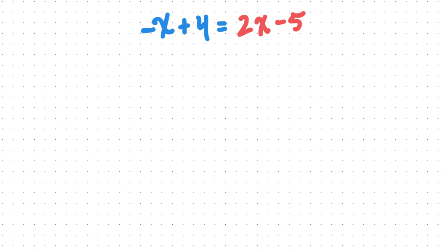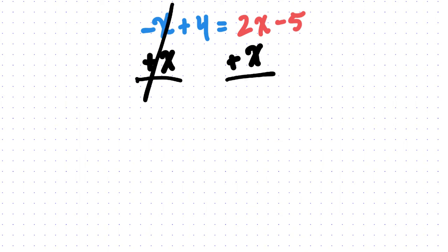Now, what I'm going to do is that I like to add x on both sides. Because it's a negative value, it's really easy just to add. That will eliminate that x on that side, and I'll be left with 3x minus 5. That's all going to be equal to 4, right? That's what's left on that side.